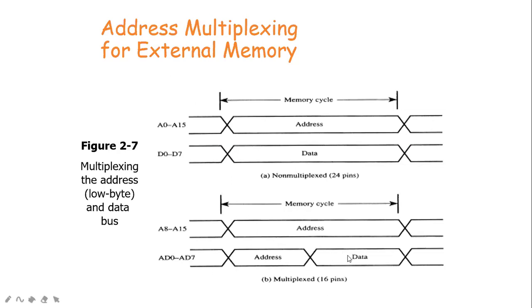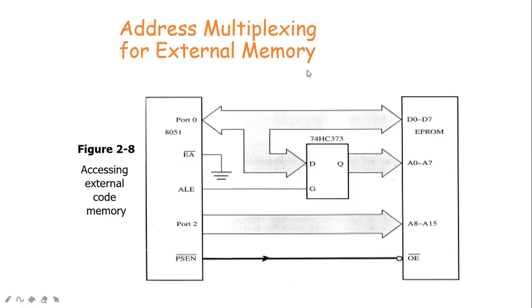If ALE is low, these lines are used to access the data. And A8 to A15, the higher order address lines, always carry the address only. This is the case for address multiplexing for external memory.